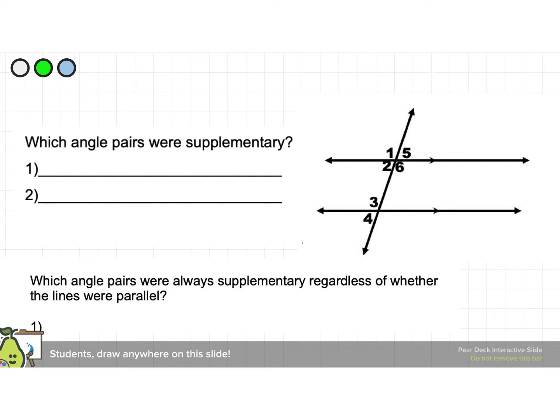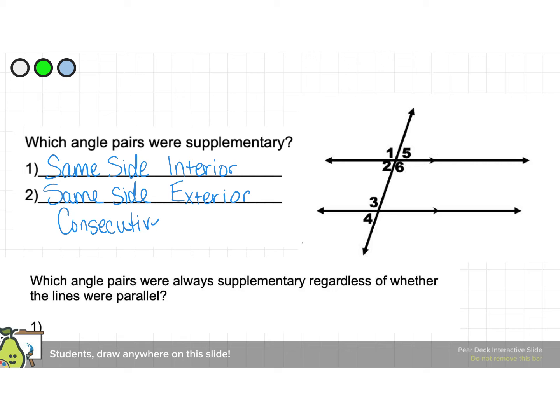We also have angle pairs which are always supplementary, and those are same side interior and same side exterior. Now, we also call these angles sometimes consecutive interior or consecutive exterior.